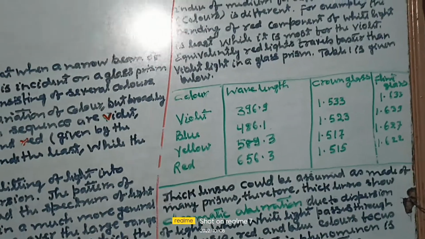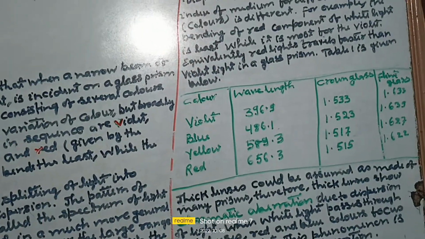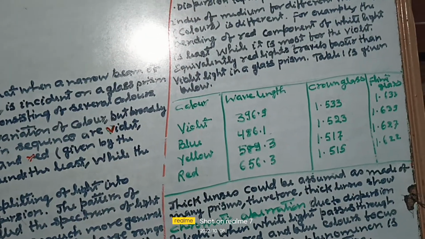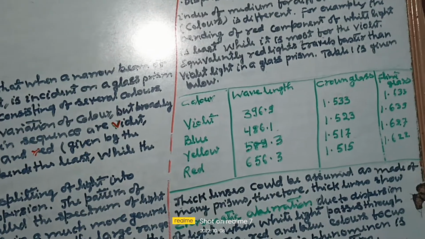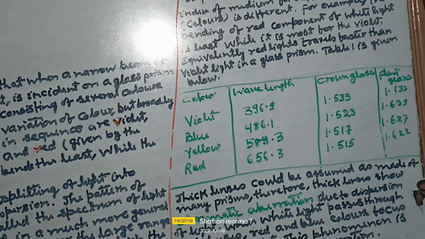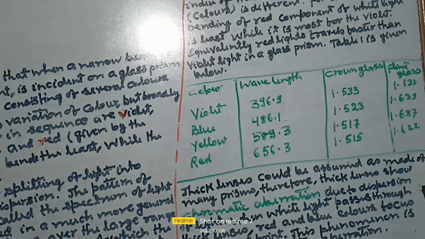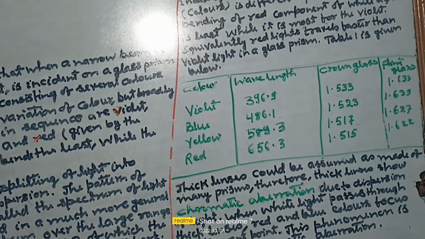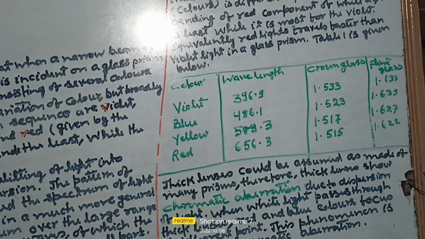Table 1 is given below. Violet wavelength 396.1 nanometers, blue 486.1, yellow 589.3, and red wavelength is more, say 656.3.